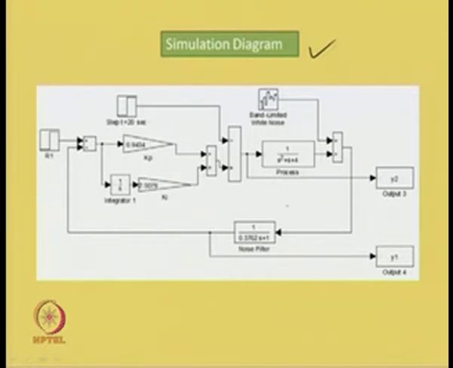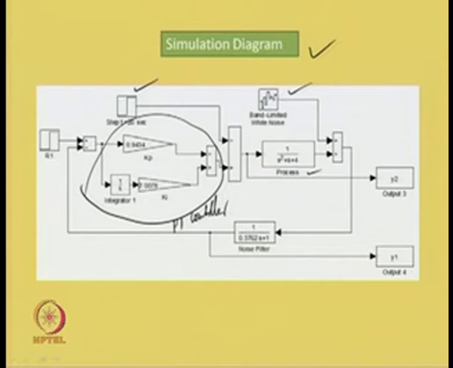So, this is our PI controller, process, band limited white noise and the step load disturbance which occurs at time t equal to 20 seconds, and the magnitude of the static load disturbance is equal to minus 0.5 like the earlier case for the sake of comparison.